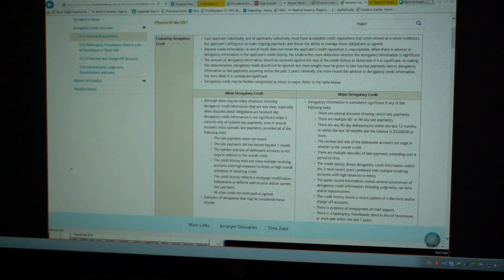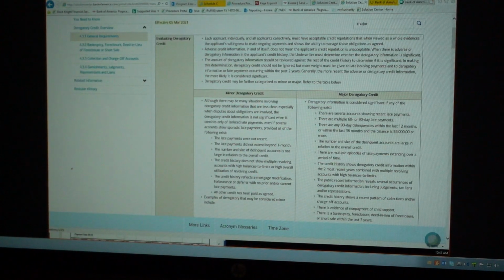Okay, so let's look at Juan, I have a quick question. Sure. So when we're reviewing the derogatory credit and you have rolling 30s, does Bank of America consider those a rolling 30, or is it each occurrence? You mean for each particular credit card?